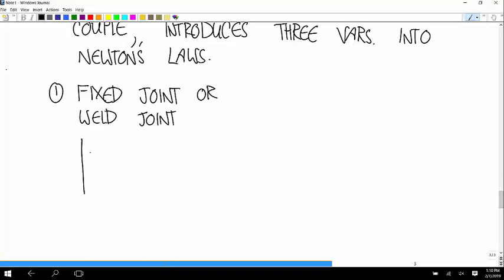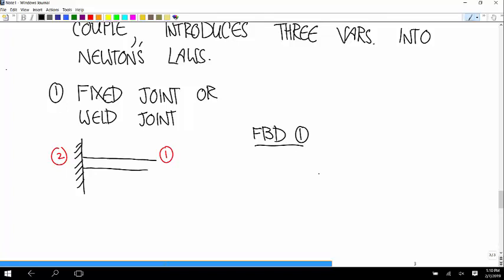And that would be drawn something like this. So I'll call this body 1, this body 2. A free body diagram of body 1 would have the force vector F on 1/2 and a couple M12.